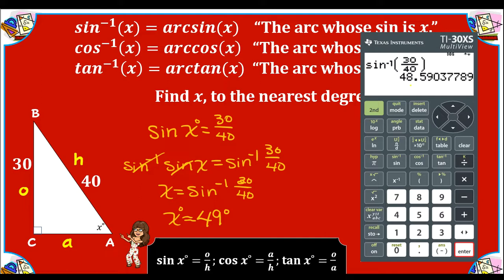The instructions would round to the nearest degree, so that rounds to 49 degrees. So this angle is about 49 degrees. Remember that all triangles equal 180 degrees, so if they ask for angle B, we could simply add 90 and 49 and subtract from 180 to get the angle measurement of B.